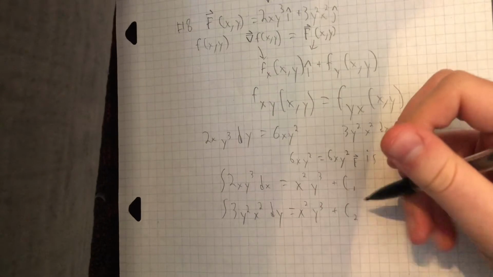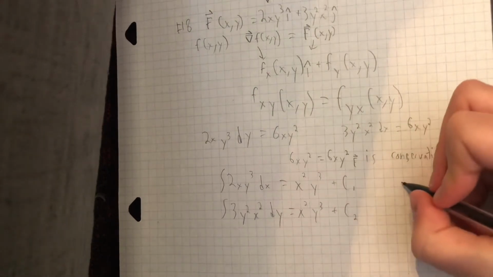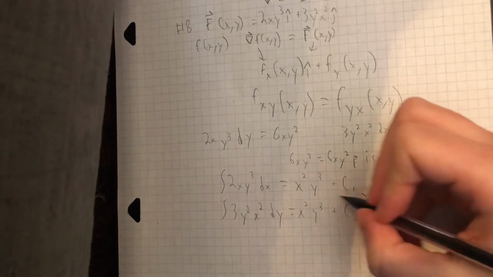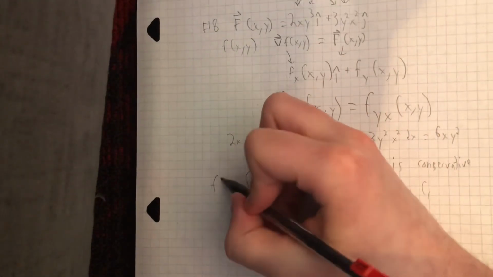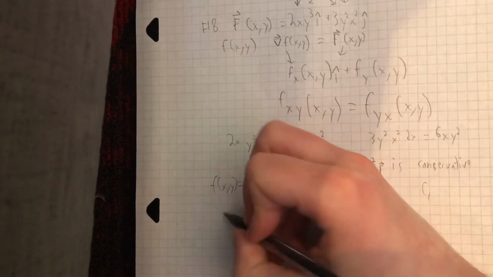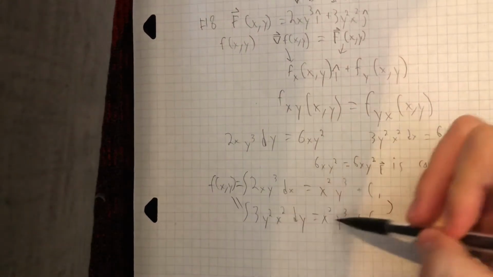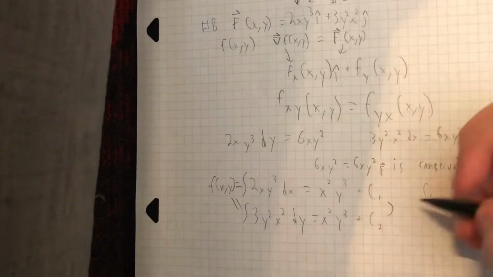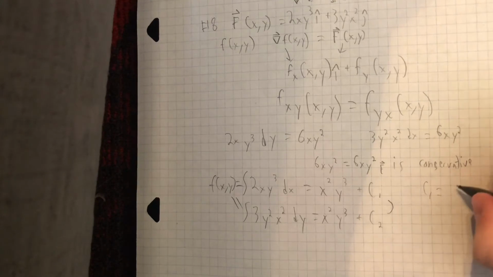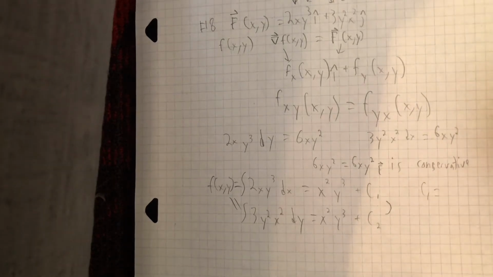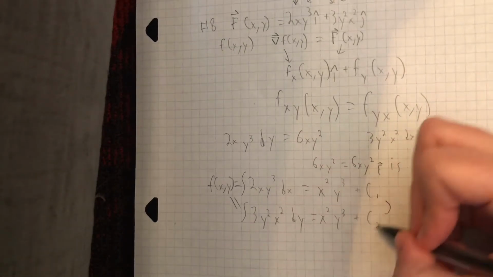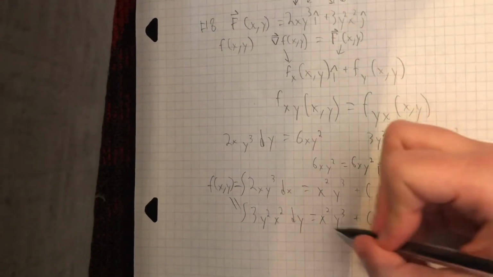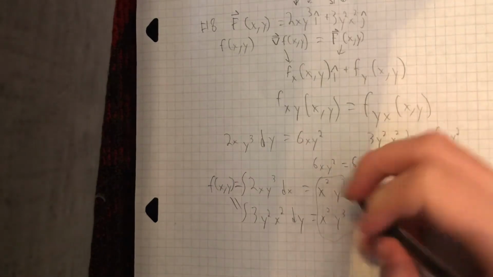So this is a very simple problem here. We want to make these equivalent, because these are both essentially f of x comma y. So we just want to find a term that really encompasses it. So c1 equals, in this case, all we have is a constant. We don't need to include anything from down here, so it's just going to be k. And c2, again, these are equivalent, and there's nothing else to add.